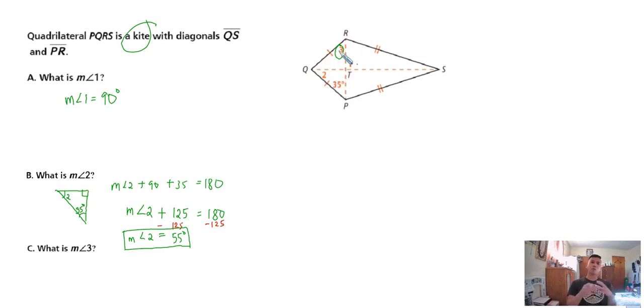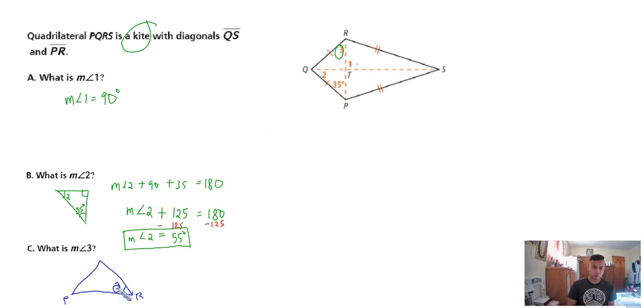Now, if you are going to analyze, I'm going to redraw here my triangle. So this is P here, and then R is here, which is where angle 3 is also.